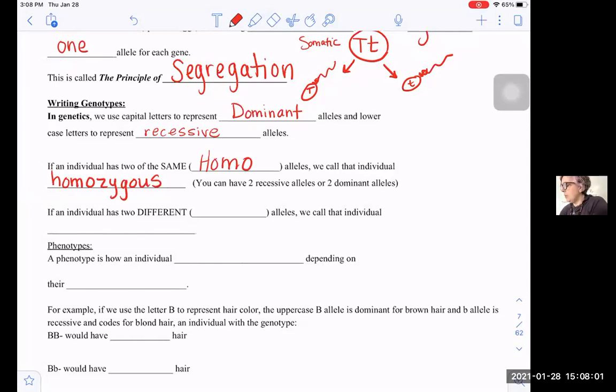So you can either be homozygous dominant and have two capitals, or you can be homozygous recessive.